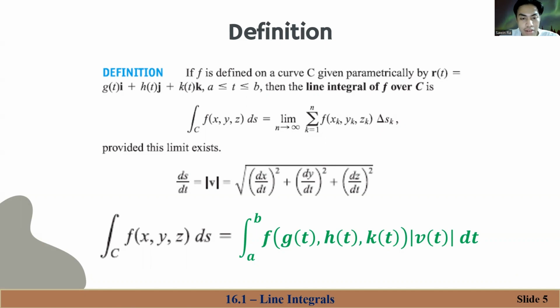And we know that ds over dt equals the norm of v, which equals the square root of dx over dt squared plus dy over dt squared plus dz over dt squared.